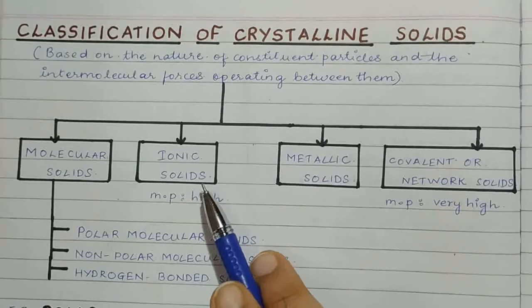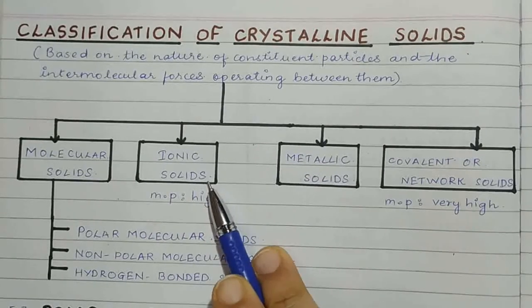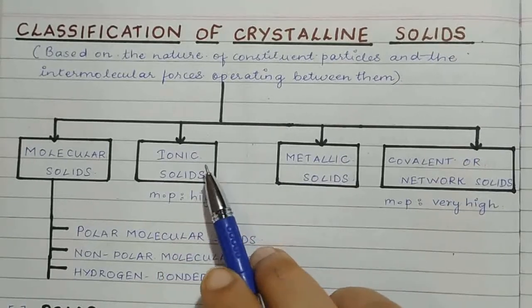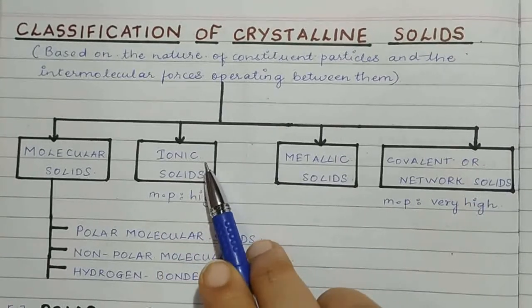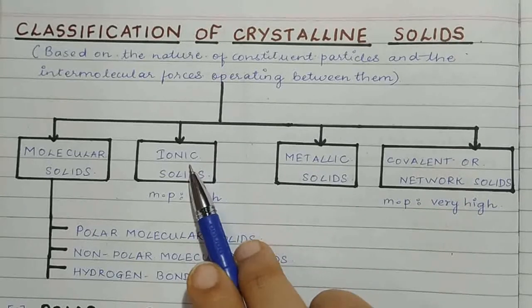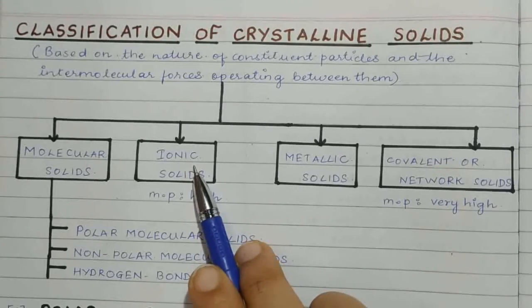Next class is ionic solids. What do you get from the name? Ionic means cations, anions. These terms come to your mind when you hear ionic? Yes. So in these type of solids, the constituent particles are cations and anions.